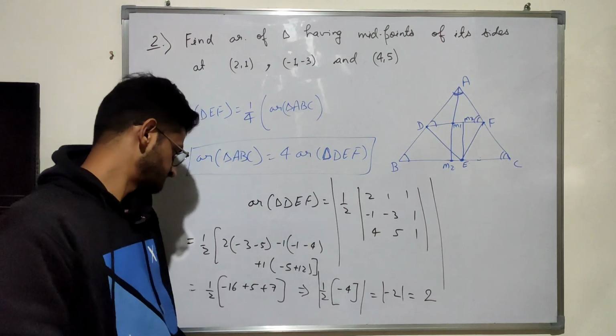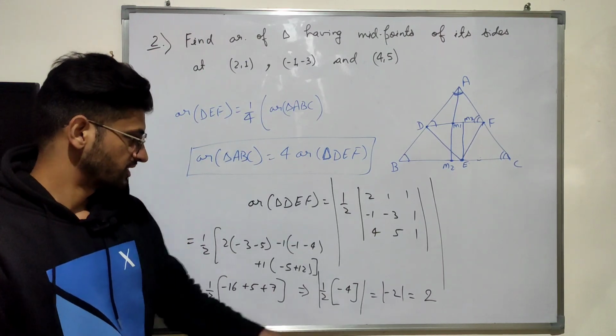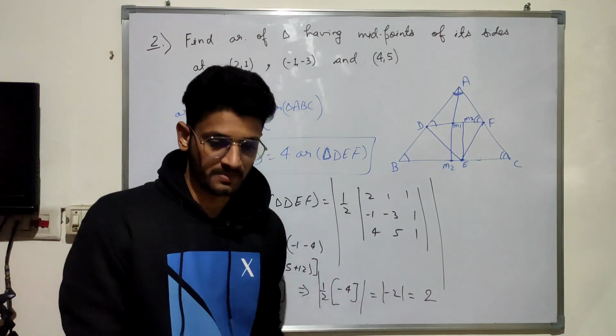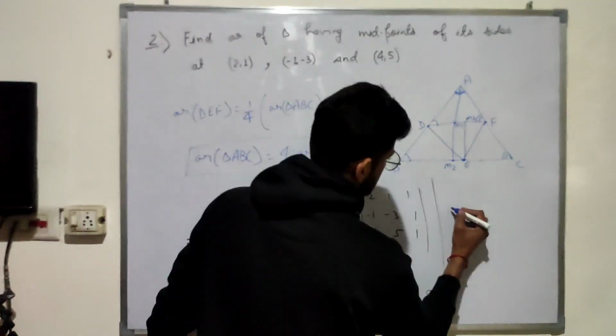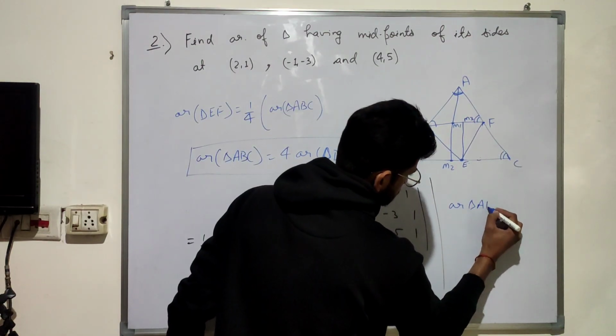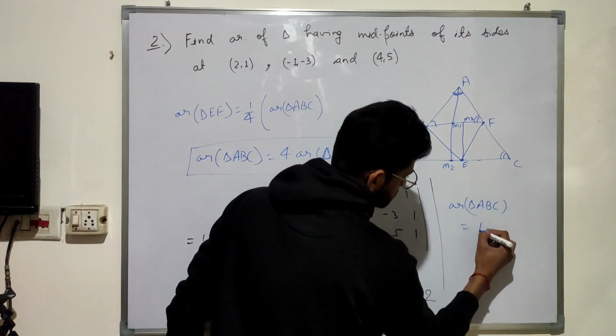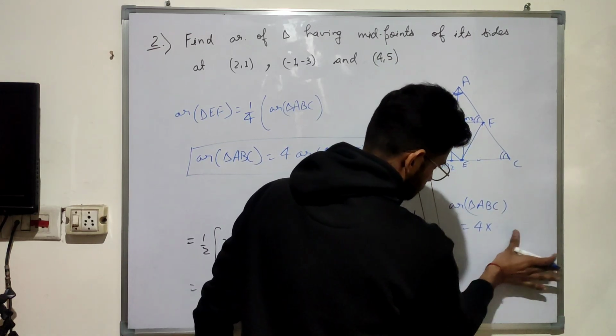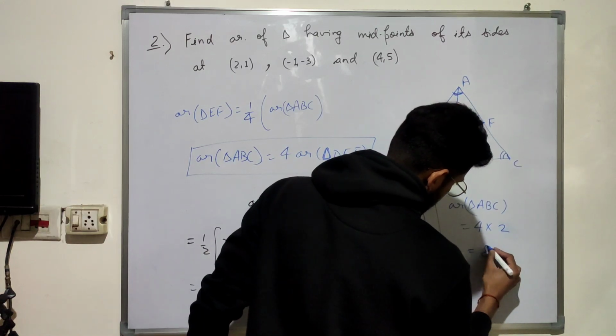So finally we got the area of triangle DEF, which is equal to 2. So we can write the area of triangle ABC equals 4 times the area of triangle DEF, which is 4 times 2. This is going to be 8 square units.